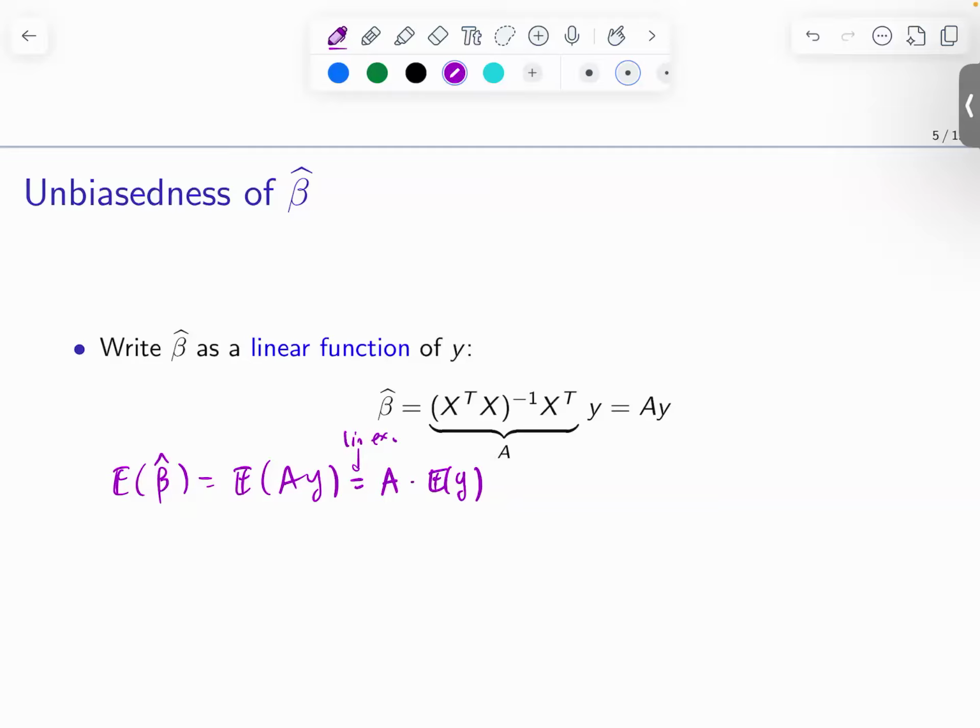And what is the expectation of Y? We just did it. Yes, X beta. So I get A X beta. What is A times X? Let's do it here: X transpose X inverse X transpose times X. Does it simplify?